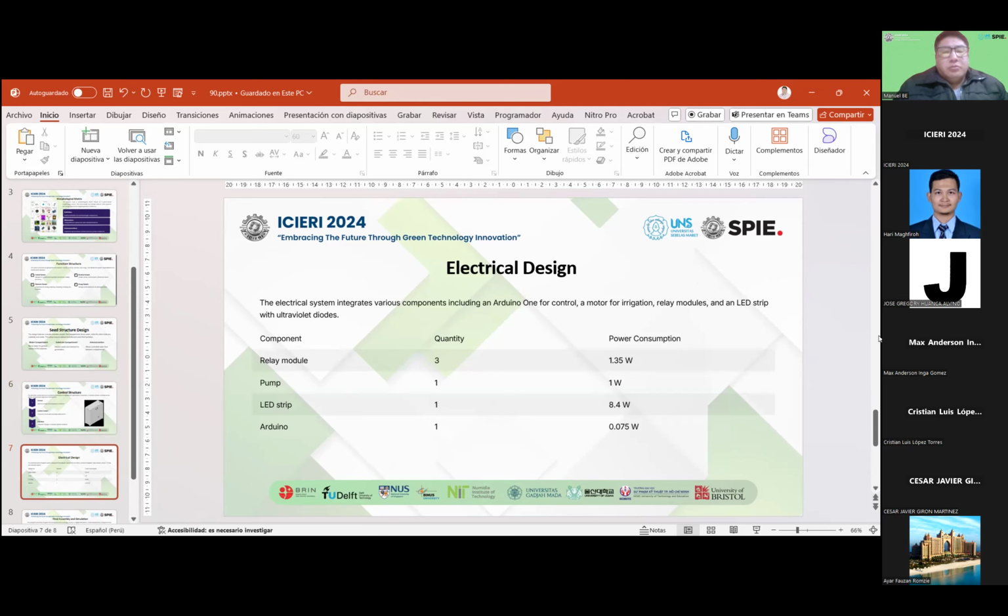Components: the relay module, quantity 3, power consumption 1.35 watts; component pump, quantity 1, power consumption 1 watt; component LED strip, quantity 1, power consumption 8.4 watts; component Arduino, quantity 1, power consumption 0.075 watts.